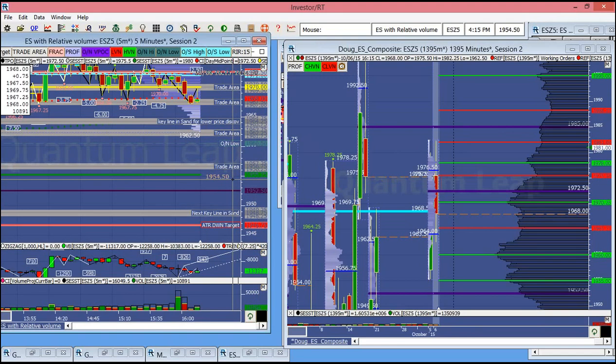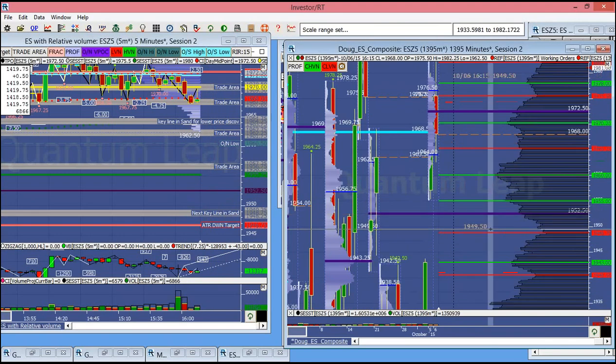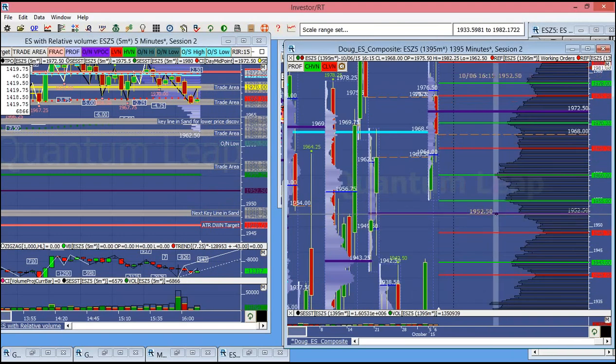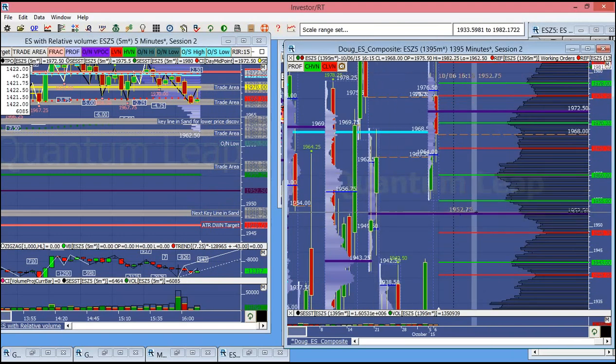And then if we get below that, I don't think that's going to be a big consideration. I think if we get down below range and below value, then I'd be looking for us to come down into this naked VPOC from Monday at 52.50 and move down to this 2-day microcomposite VPOC.